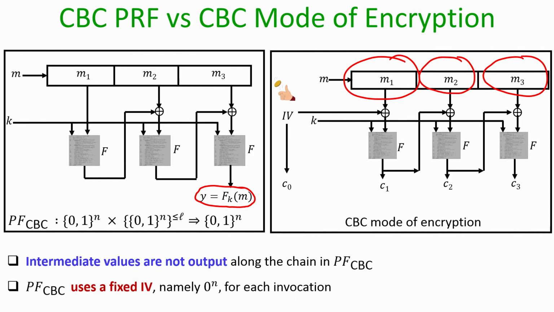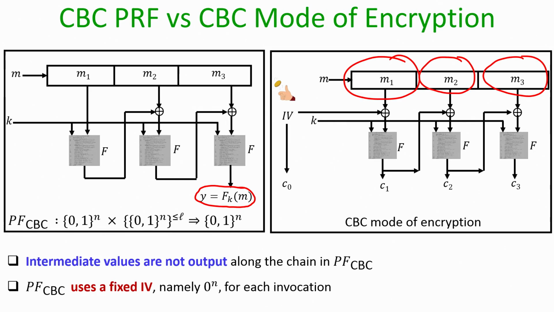The second difference is that the CBC PRF uses a fixed IV, namely in the picture there is no IV at all, but you can always imagine that the IV is set to all zeros, which is publicly known. But when it comes to the CBC mode of encryption, there is an IV which is randomly selected for each instance of the CBC mode of encryption. So, you can imagine that CBC PRF uses a deterministic IV which is always fixed for every message, but in the CBC mode of encryption, the IV is selected independently for each invocation.